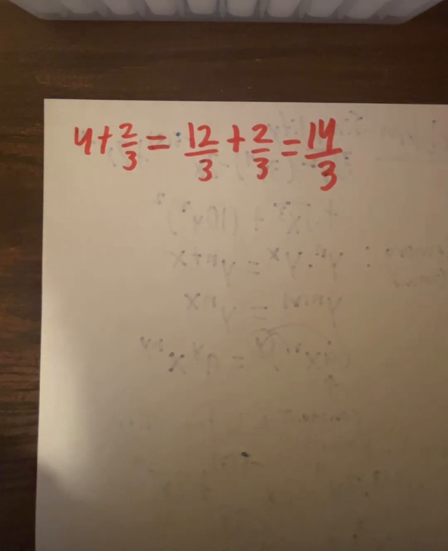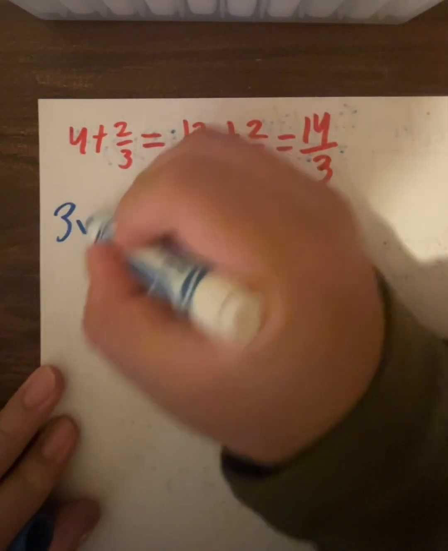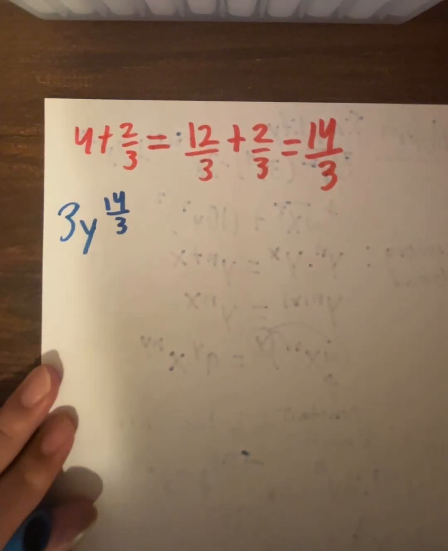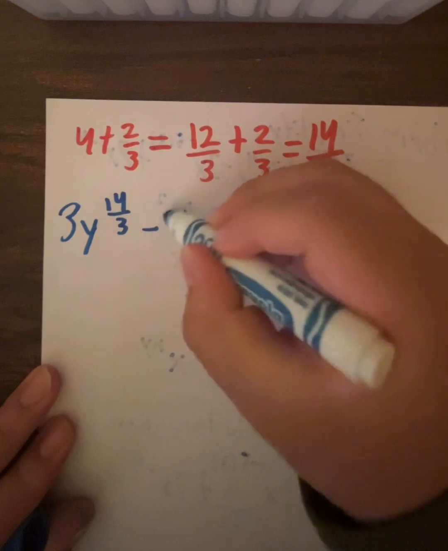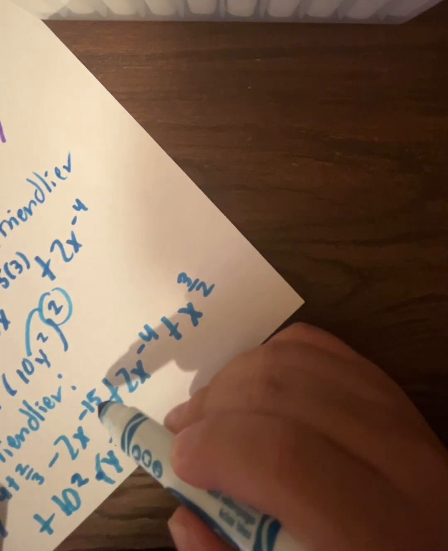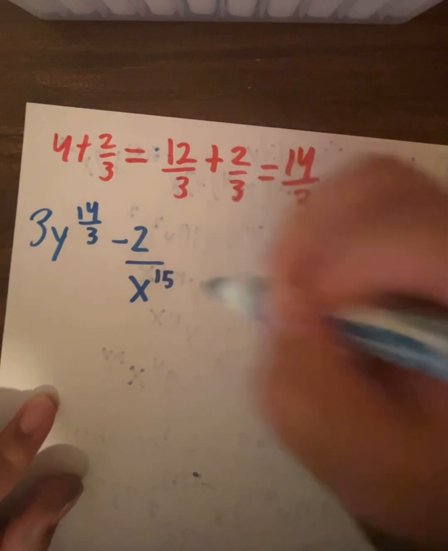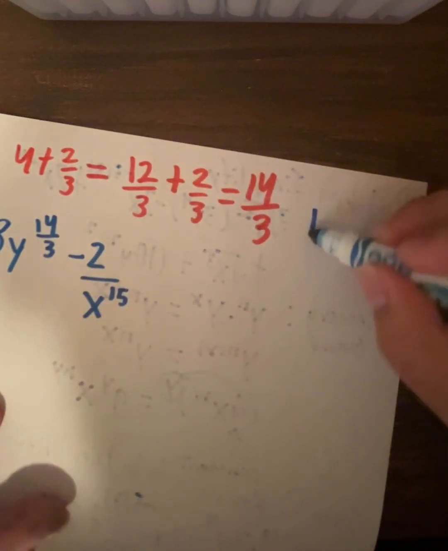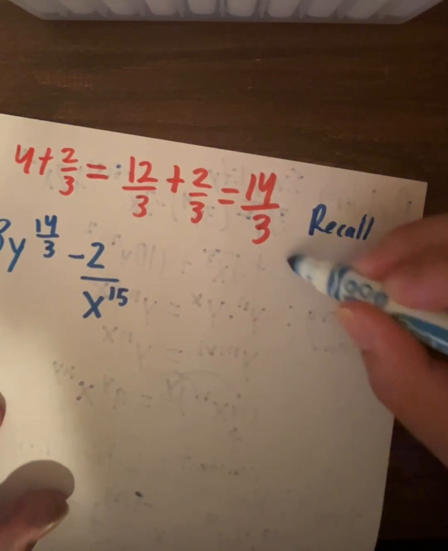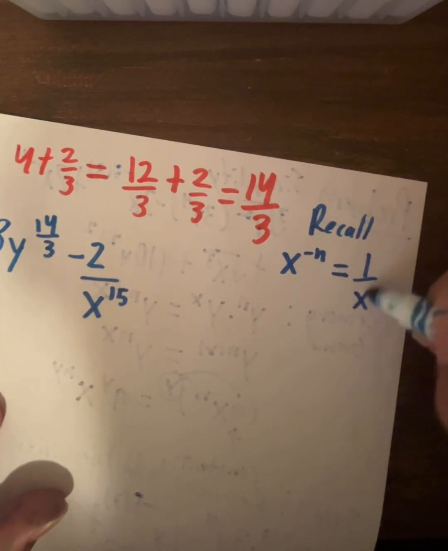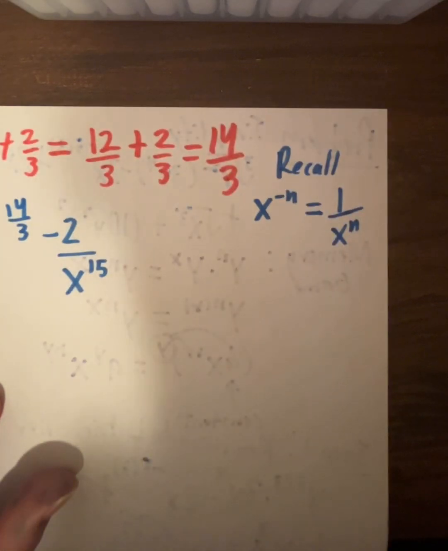So now we have 3y to the 14/3, and then minus 2, we can bring the negative exponent to the positive by just flipping. Because recall, if we have something like this, we can just flip to make the exponent positive.